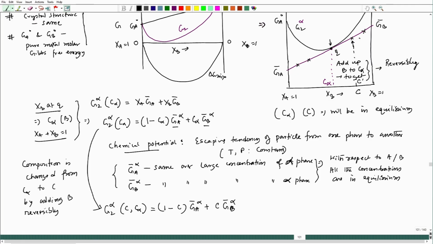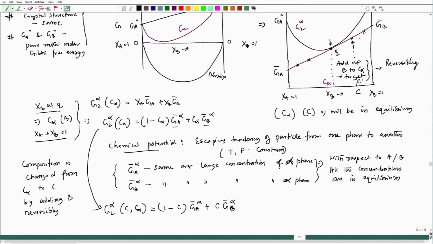Since a reversible process always will be under equilibrium, and that should be added infinitesimally, so that the system would not be allowed to move away from the equilibrium line. So, this is my new free energy, which is at this point. This would be my G2 at C, and here it will be G2 at C alpha.